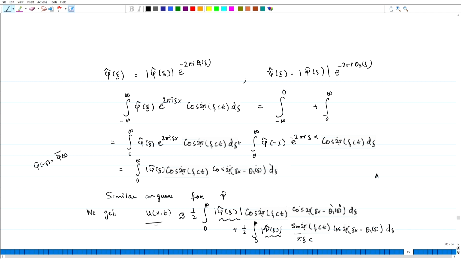So, the amplitude of the wave is determined by the amplitude of phi hat of xi and psi hat of xi by xi. So, this is it, and it is a superposition of the moving plane waves. So, that is the interpretation of the solution, D'Alembert's formula.